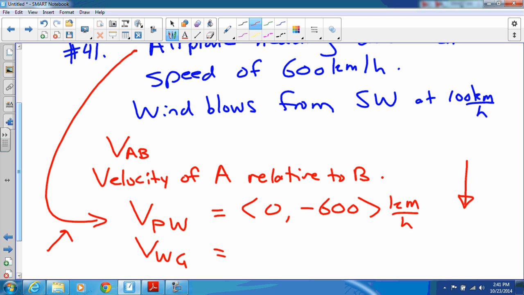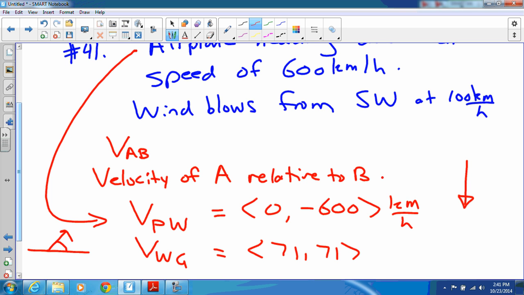And now we're going to put it into rectangular form. That's going to be 100 cosine, what's this angle here? 45 degrees. 100 cosine 45 degrees, which is 71. And 100 sine 45 degrees, which is 71. Do you just assume that it's 45? Yeah, if it says southwest, you assume that it means exactly southwest.